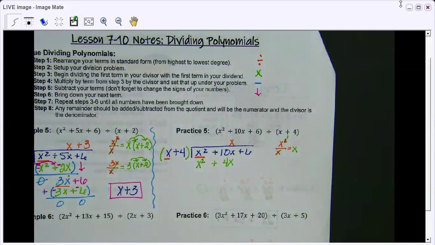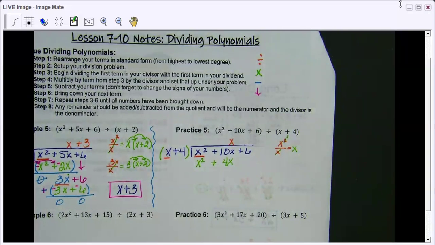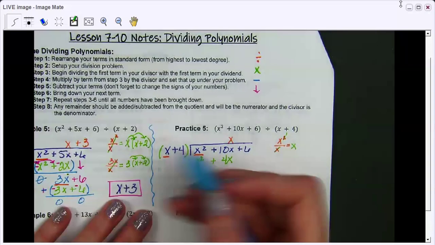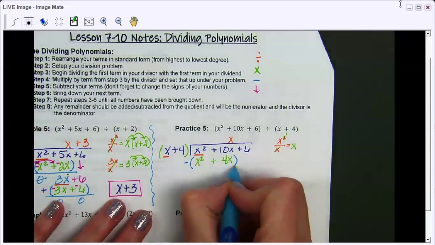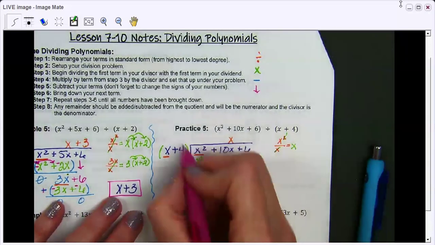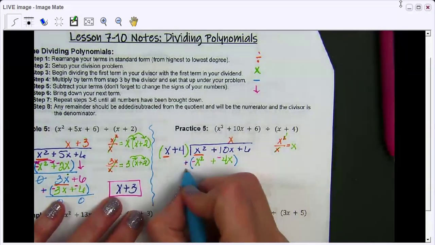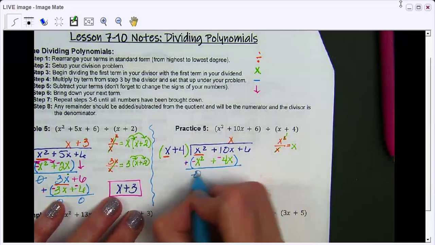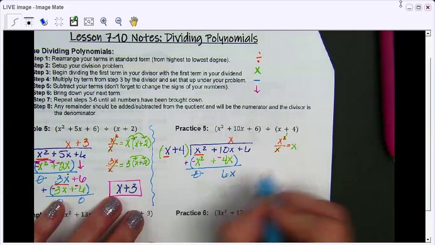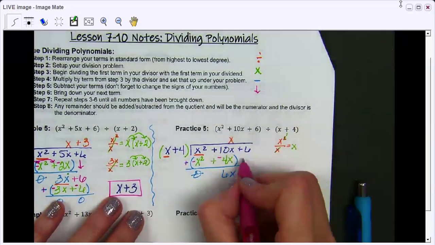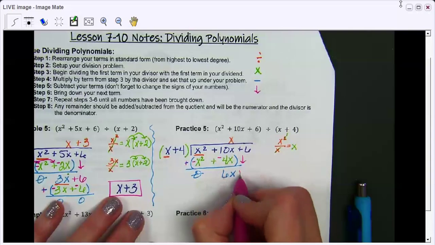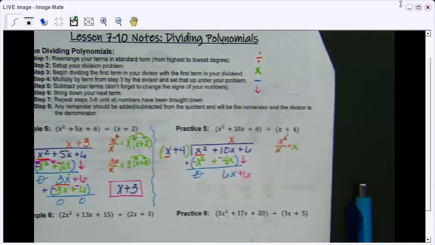So we're going to subtract. I'm going to distribute my negative, and I end up with 6x. And then my last step is bring down my 6 and do it again.